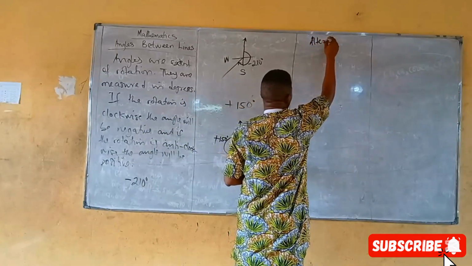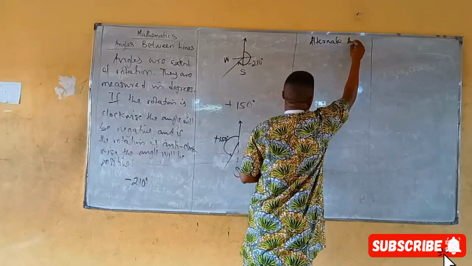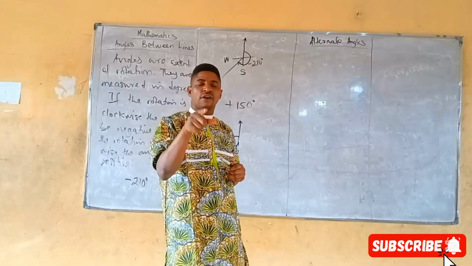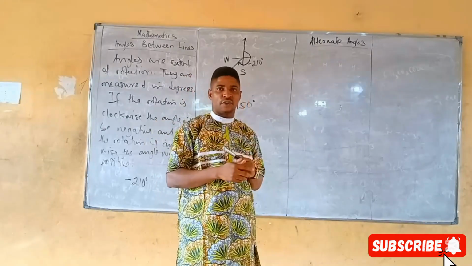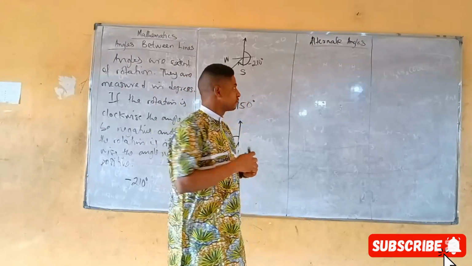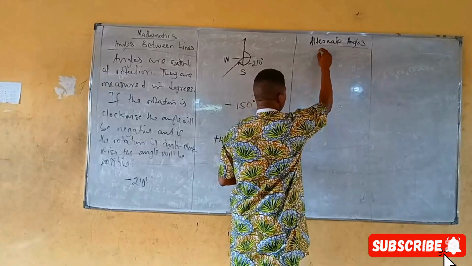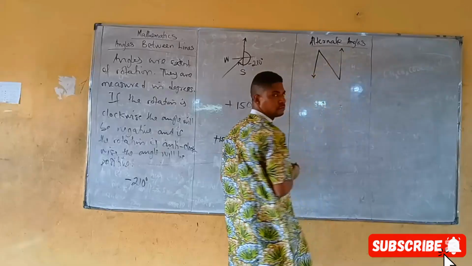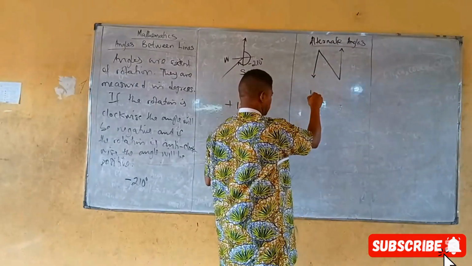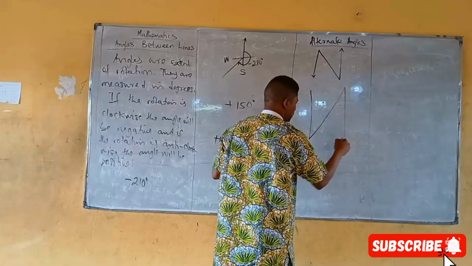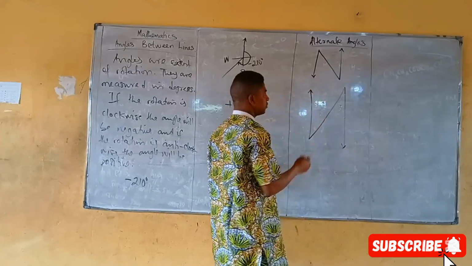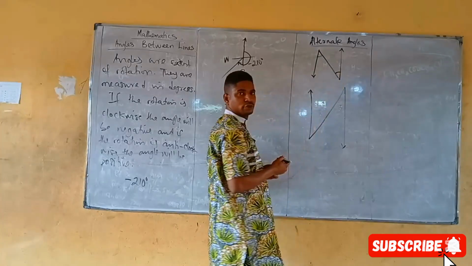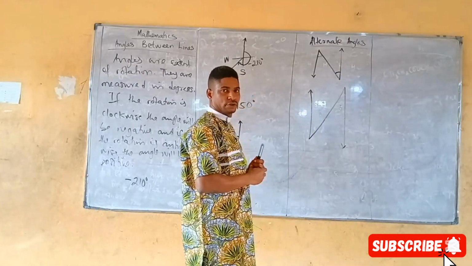Alternate angles. Alternate angles are found in letter N or letter Z. This is a mathematical N. The angle between those two lines and this angle between those two lines are alternate angles.